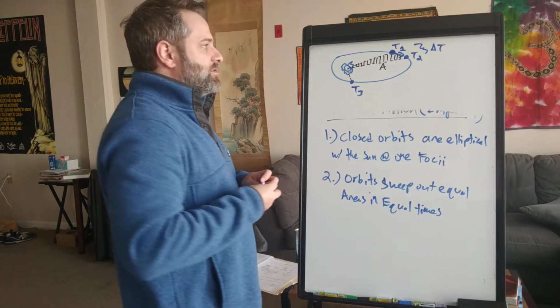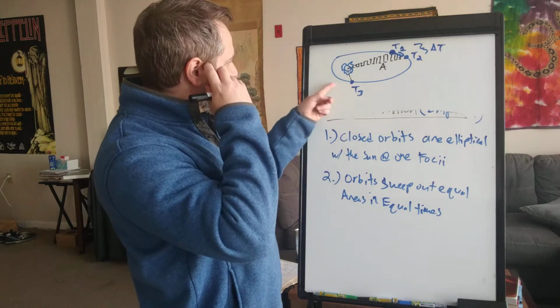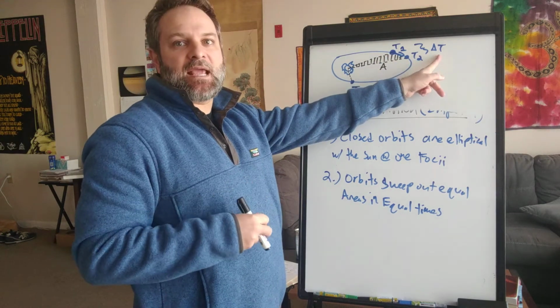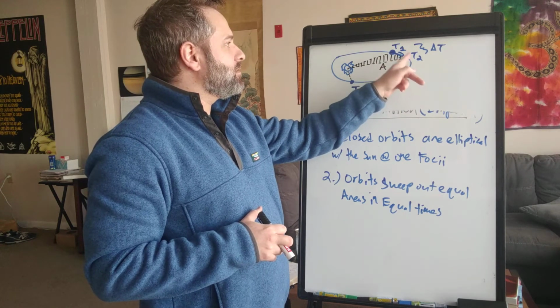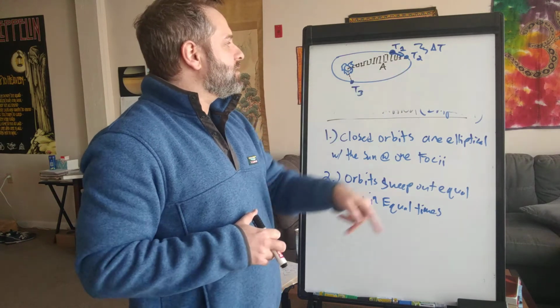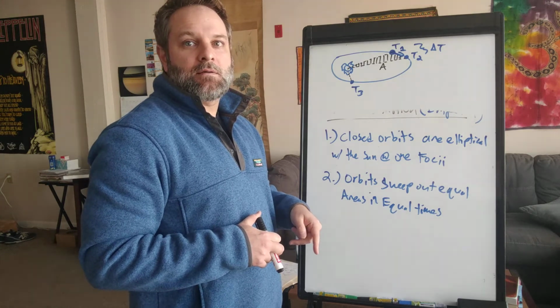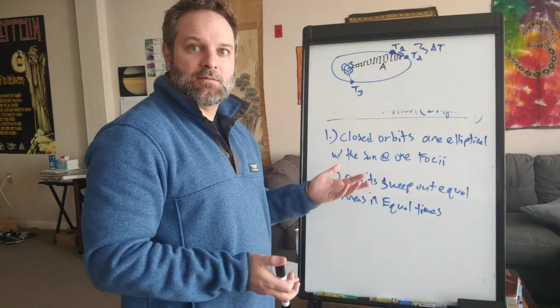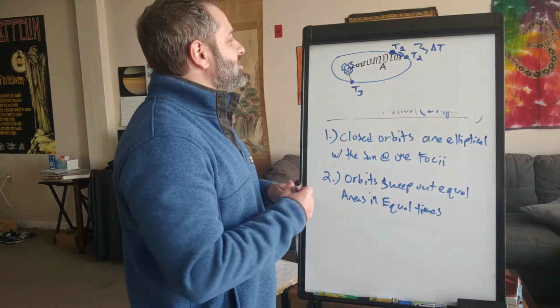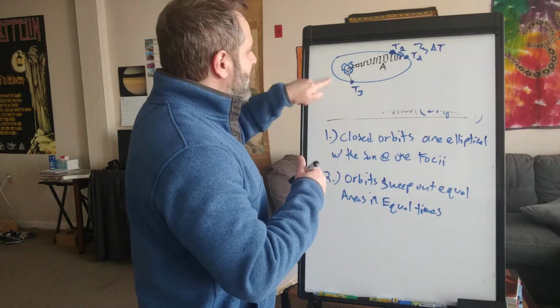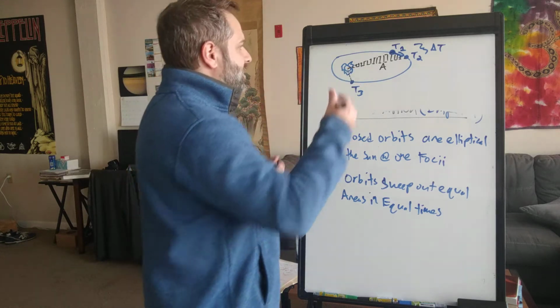Now if we ask the question, how far will this planet move in this same amount of time that it took it to move from here to here? How far has that planet gone? It has to go the same amount of distance such that it sweeps out an area that's equal to this area.